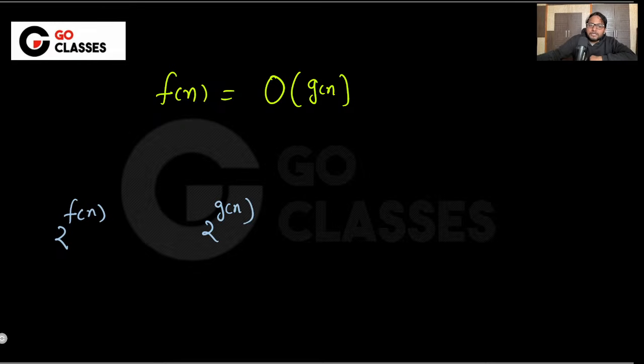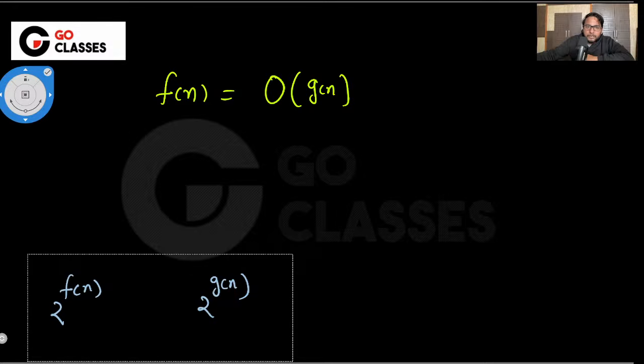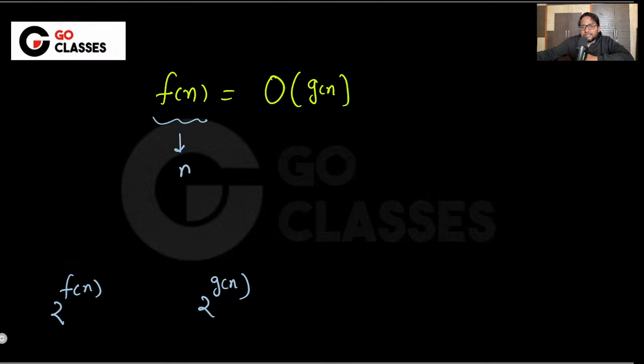Let's check. Take f(n) as n and g(n) as 2n. Is this still holding? Yes, it holds. Then this will be 2 power n and this is 2 power 2n. You can divide by 2 power n and check, it will be 2 power n only.